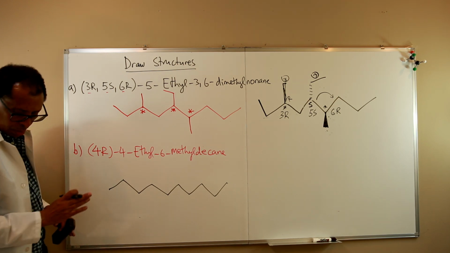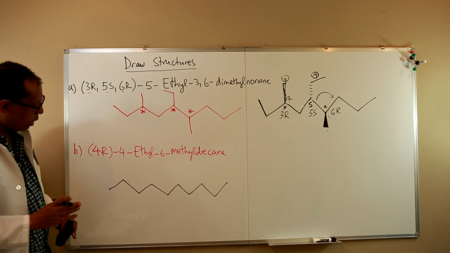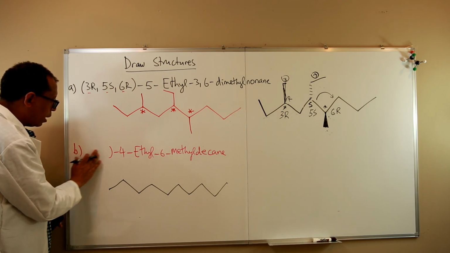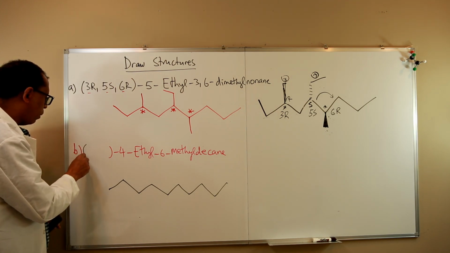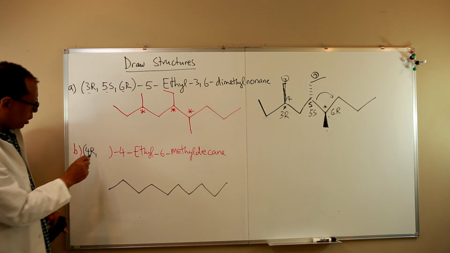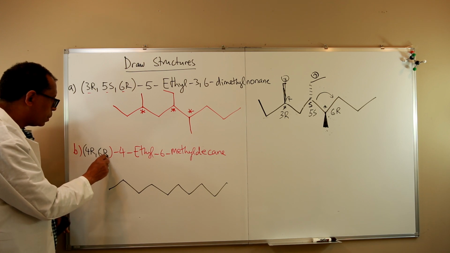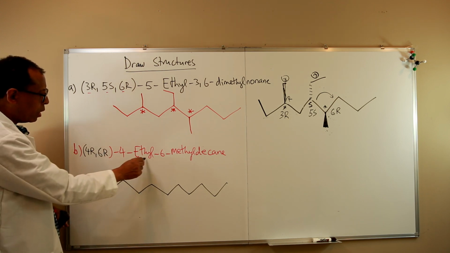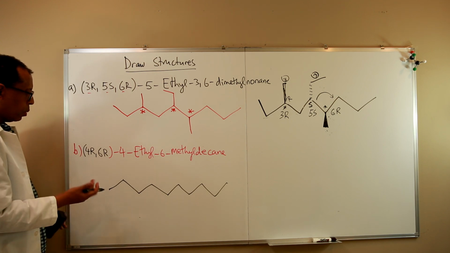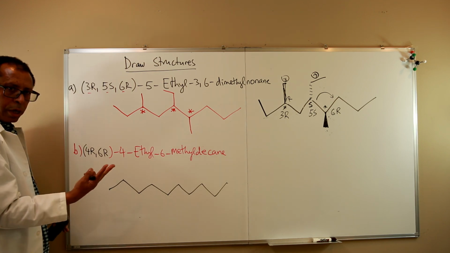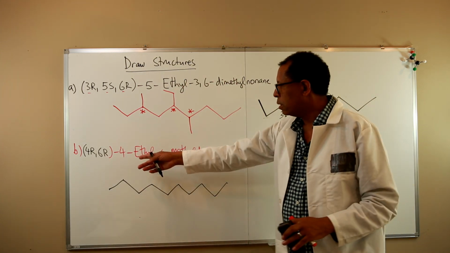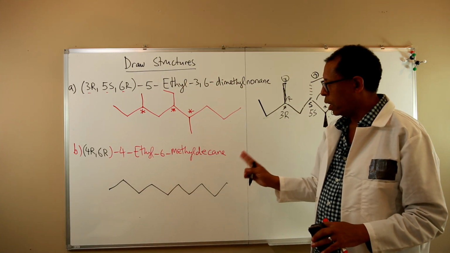I'm sorry, so it should be at 4 and 6. So make sure that we have 4R and 6R, because you have 4-ethyl and 6-methyl decane. So there are two substituents and two stereogenic centers. I have corrected myself.